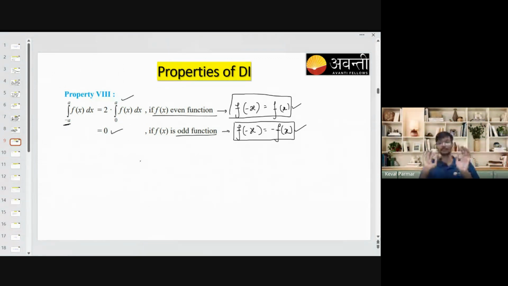So as you can see, JEE questions are very intuitive questions. Many properties can be used in the same question.